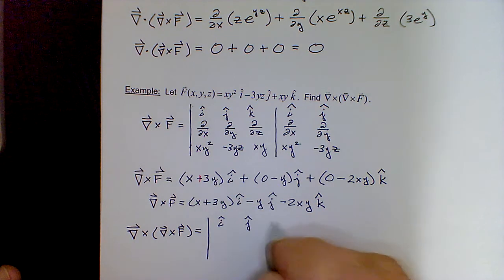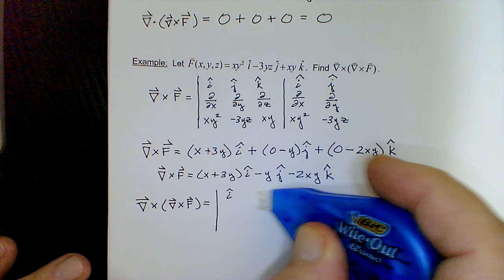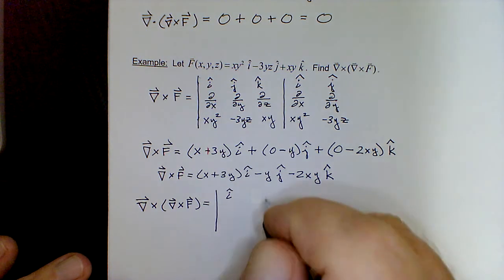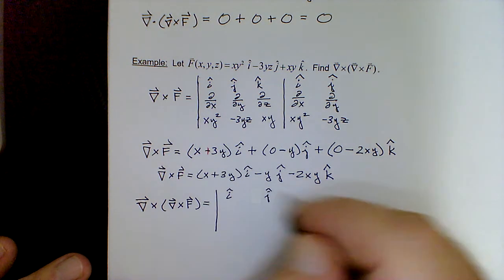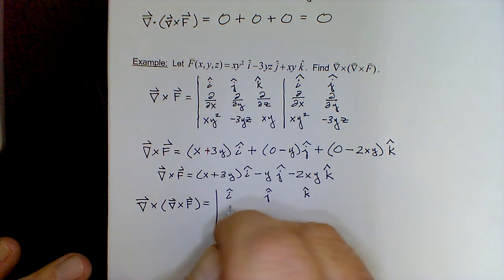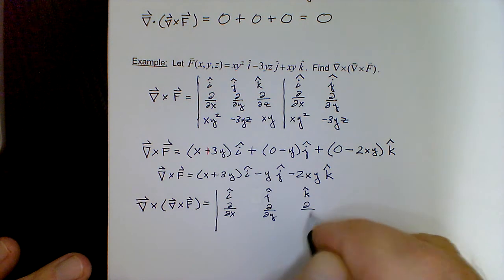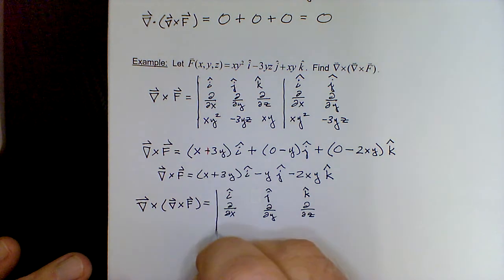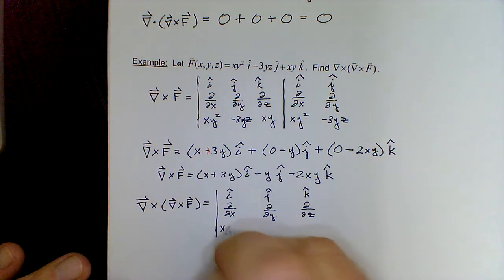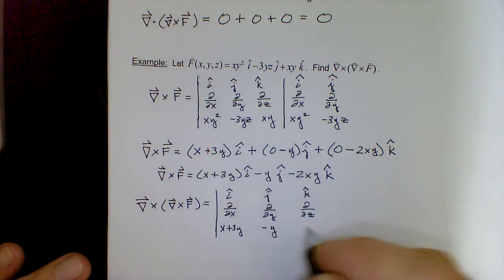So i, j, and k. Actually, let me spread these out a little bit more. And the operator del, partial with respect to x, partial with respect to y, partial with respect to z. And then the functions, x plus 3y, negative y, and negative 2xy.